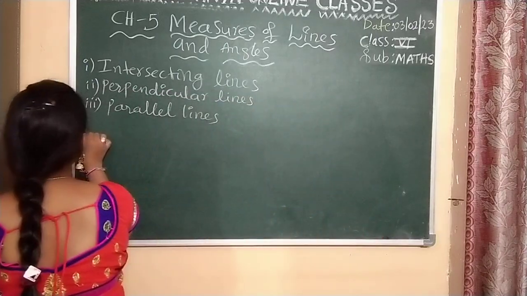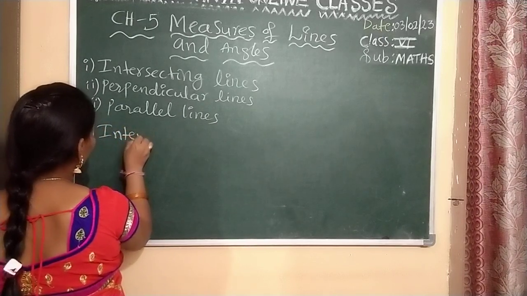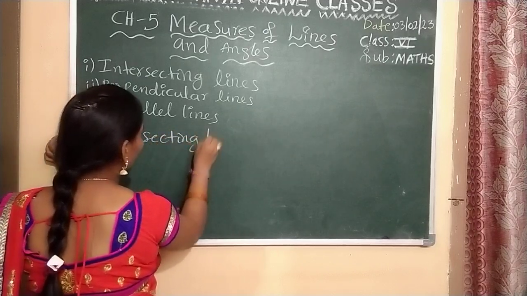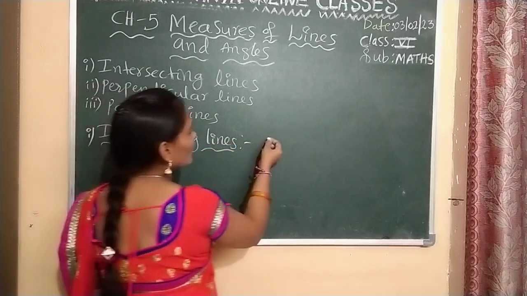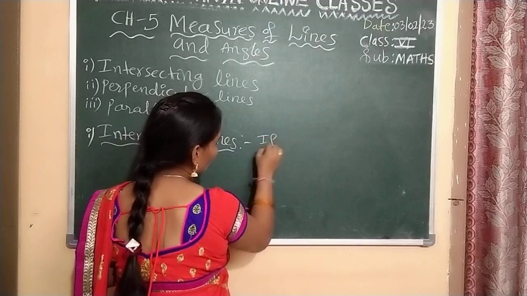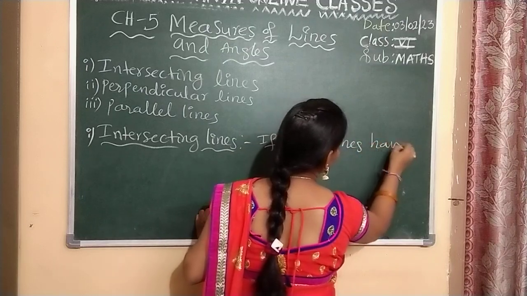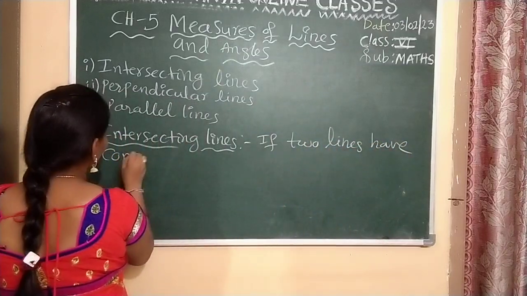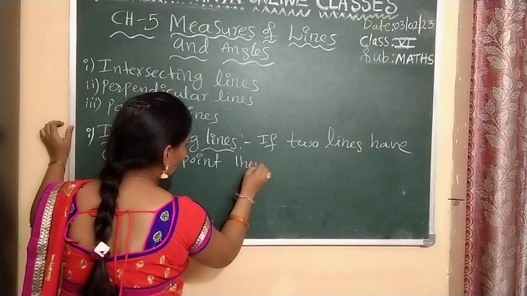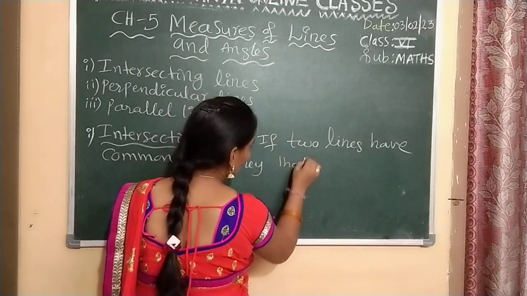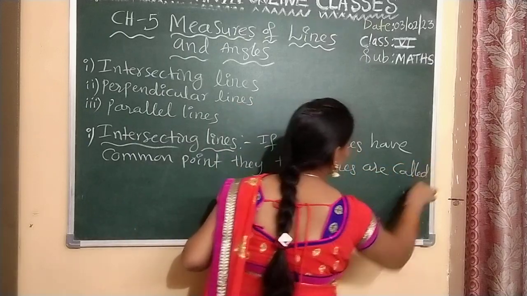Now, first one is intersecting lines. One definition is: if two lines have a common point, then those lines are called intersecting lines.